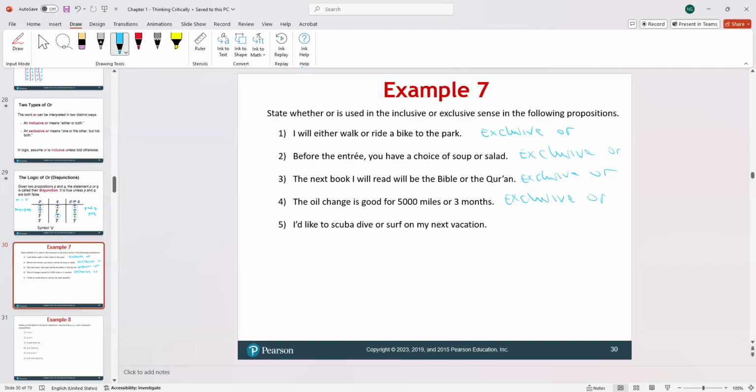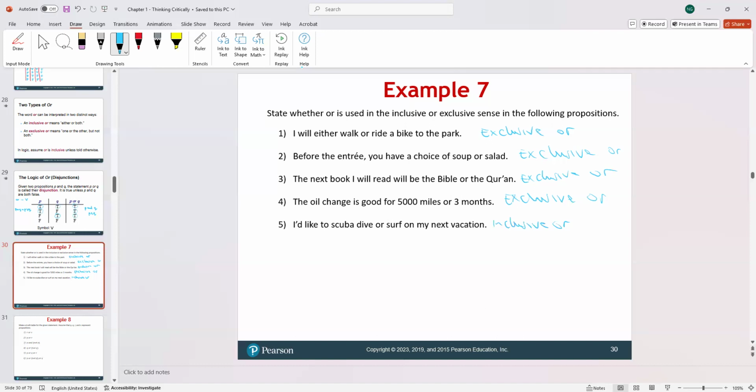So the inclusive or is used here because you probably would be thrilled to both scuba dive and surf on your next vacation. You can do both. You may not, but that's inclusive or. You either scuba dive or you surf or you do both. One doesn't stop you from doing the other.